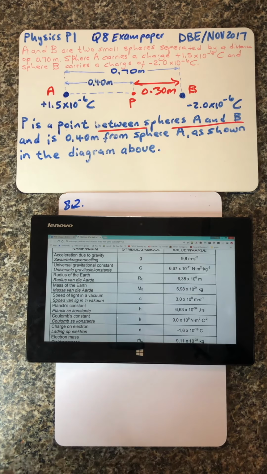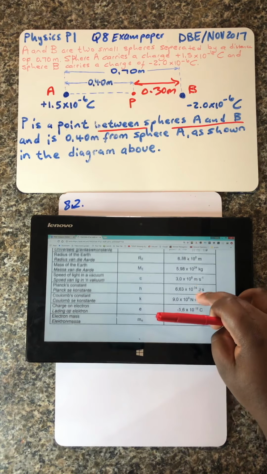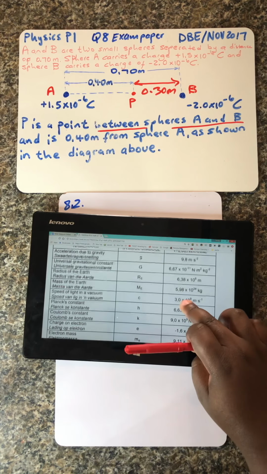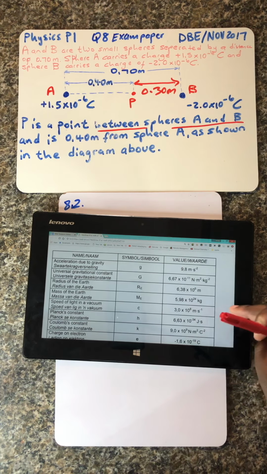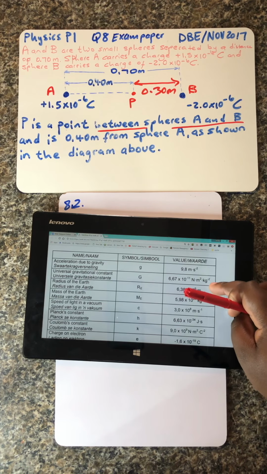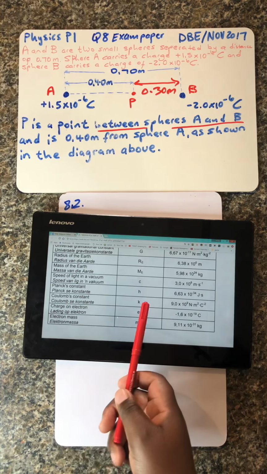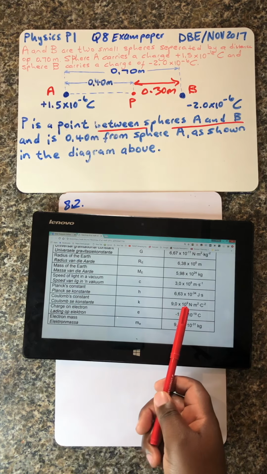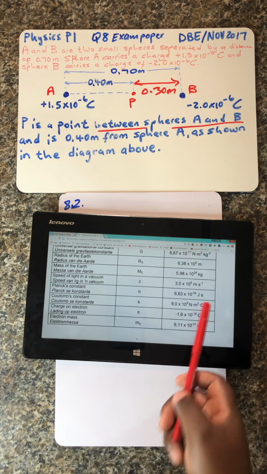So guys, in most cases, when it comes to this chapter, you might find that the constant we normally use is K, Coulomb's constant, which is 9.0 by 10 to the exponent 9 Newton meter squared per Coulomb squared.